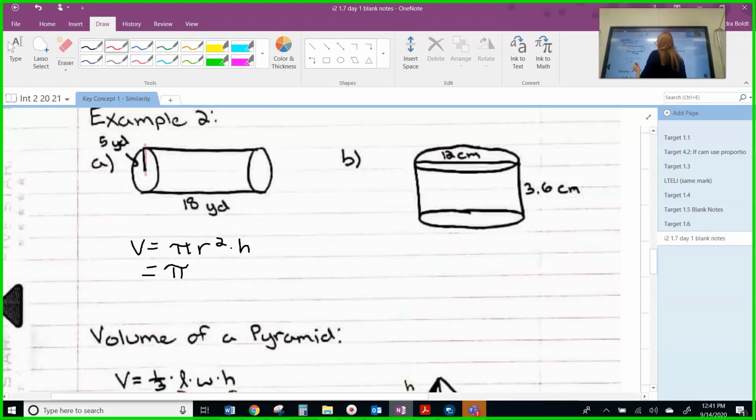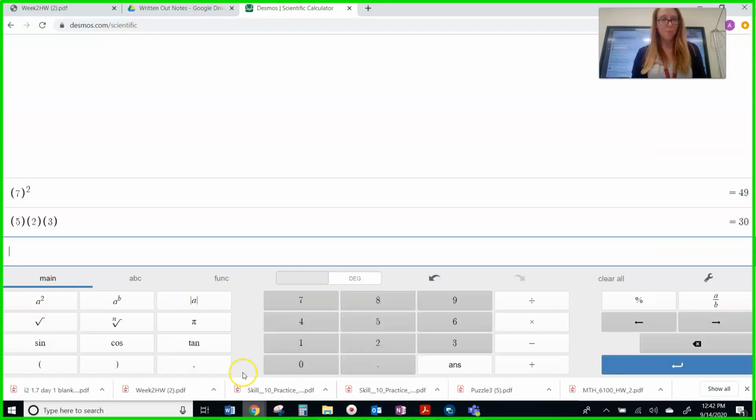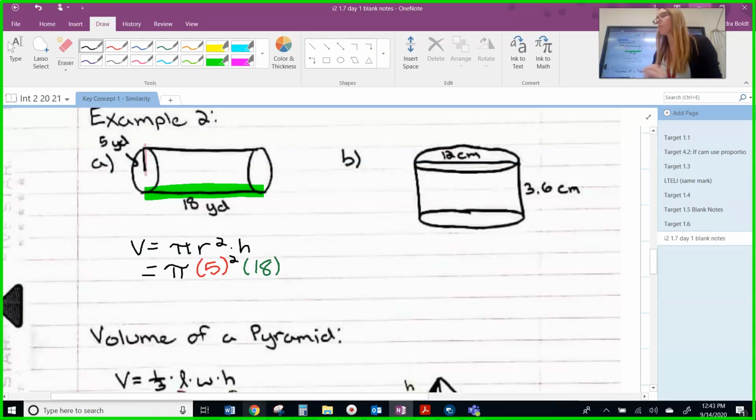So that's our 5, so that will be 5 squared. And again, our height connects the two circles, so that's that piece there. So we have pi times 5 squared times 18. Again, I'm going to type in just that 5 squared and then 18. And I get 450.